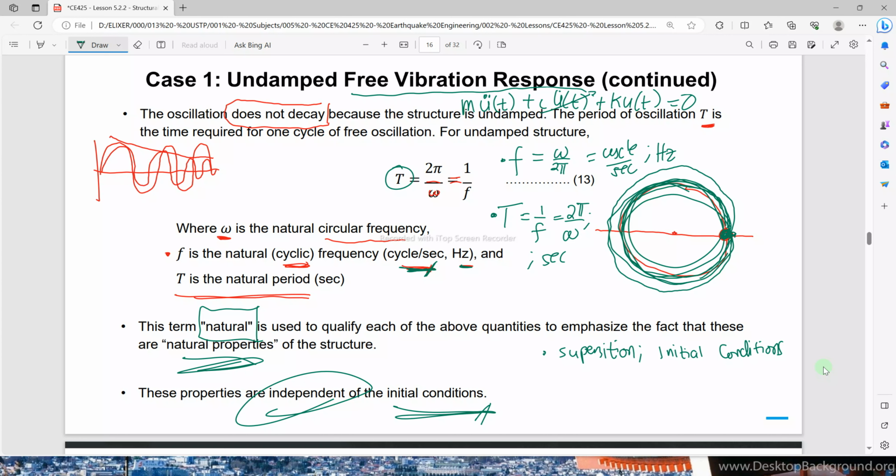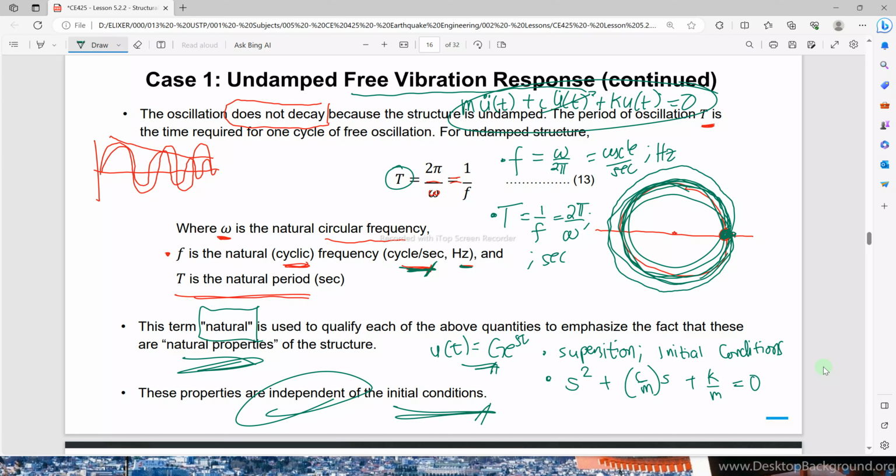By application of the superposition principle, since we know that u is equal to g e to the st, we apply the solution to the general equation of motion. Then eventually we arrive at the auxiliary equation, s squared plus c over m s plus k over m is equal to 0.